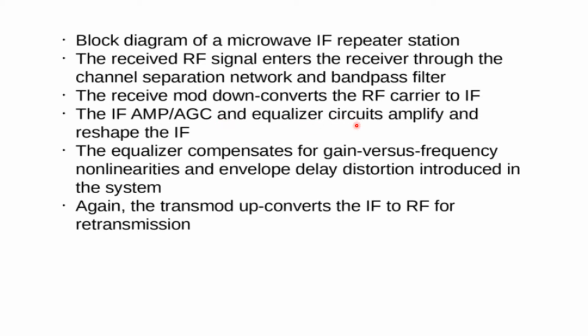If there are any envelope distortions due to noise, obviously random noise may distort our envelope, and also if there are any subharmonics or gain versus frequency variations, all these will be equalized, or the problems can be avoided with the help of such reshaping circuits. And again we have to up convert. For that we use a transmit modulator for up converting the IF to RF.